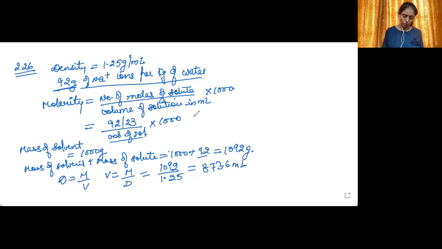So this will be the volume. So you just can put it here. So 92 divided by 23, it is coming out to be equal to 4. So 4 upon 873.6 into 1000. So 4000 divided by 873.6, it's coming out to be equal to 4.58 molar. So this will be the molarity of that lake.